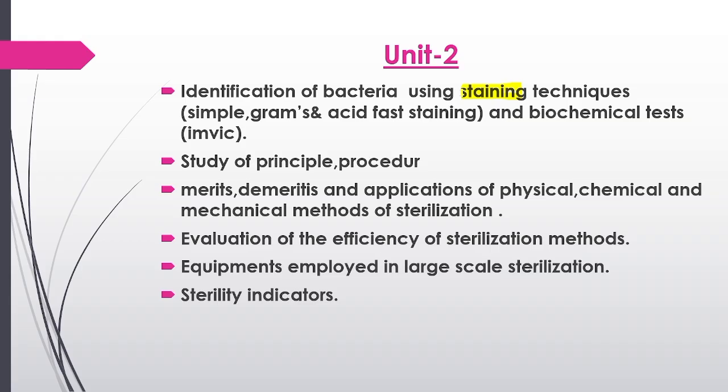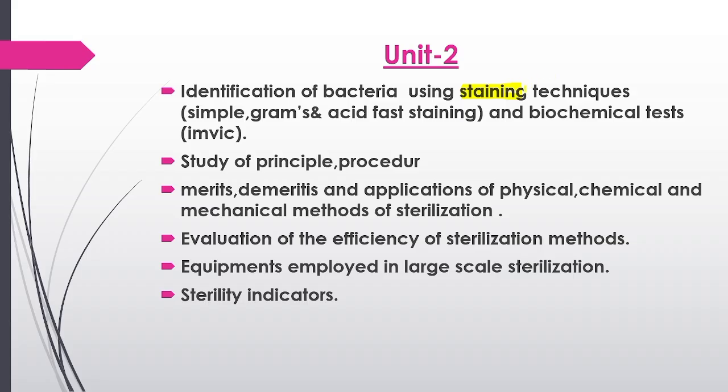First of all, how to identify the bacteria. Identification is done through biochemical tests in which we identify the bacteria mostly by gene sequencing. How many types of genes are present and how we differentiate them. And other studies like NMR studies and cultural techniques.